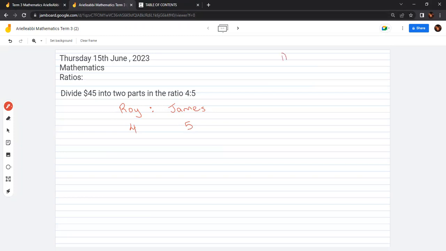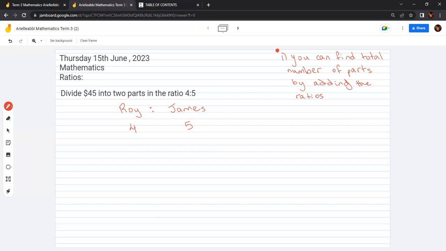One, if it's given in a form like this, you can find the total number of parts by adding the ratios.